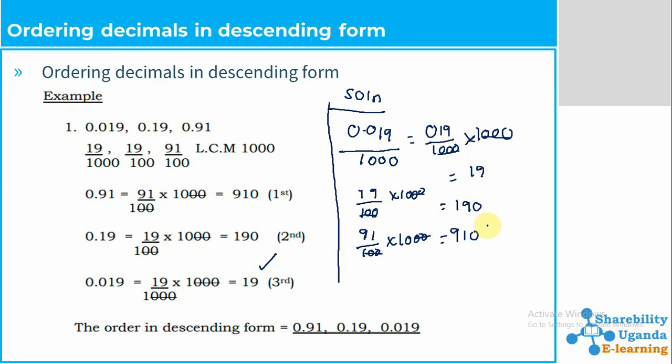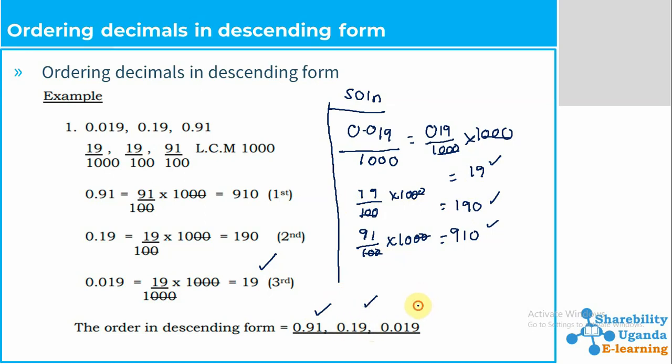Right, so now here we can determine which one is the biggest and which one is the smallest. So this one becomes the biggest, the second biggest, then this one becomes the smallest. So now in arranging them, we can come up with our biggest, which is 0.91, then 0.19, which is the 190.